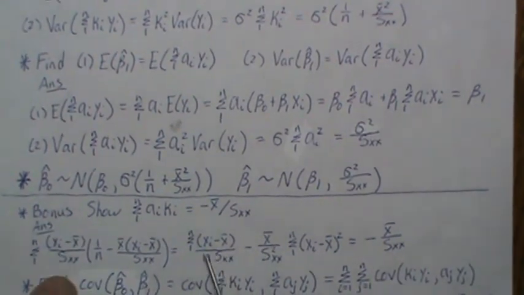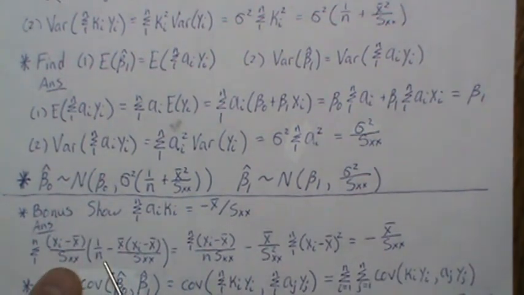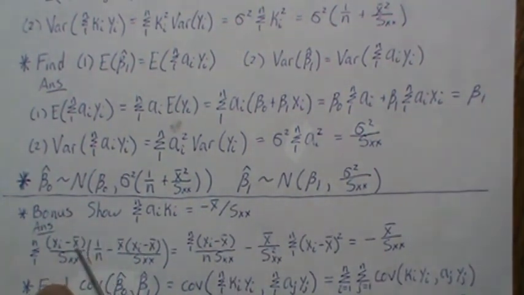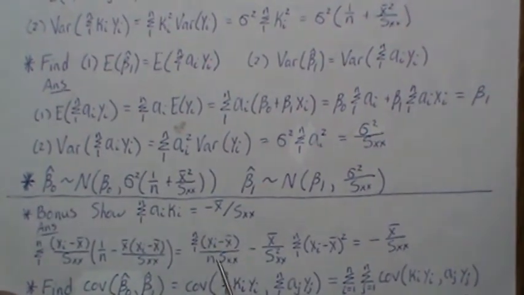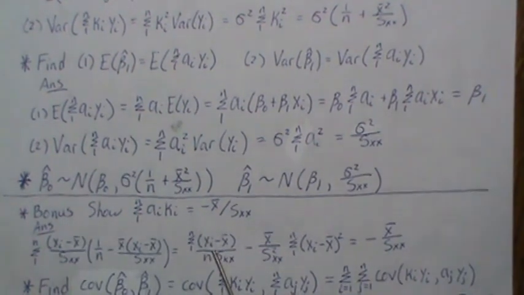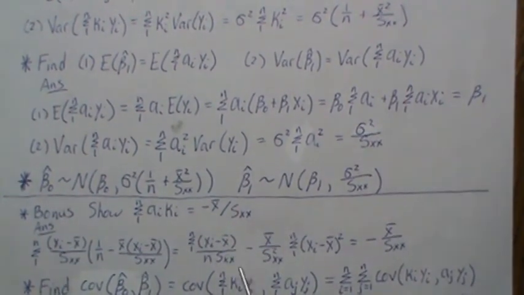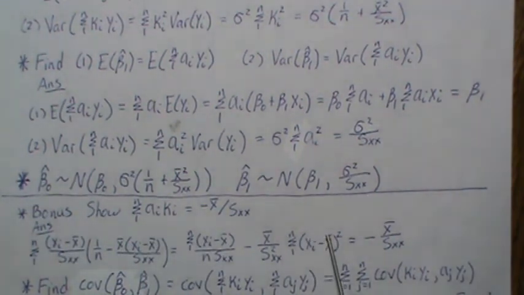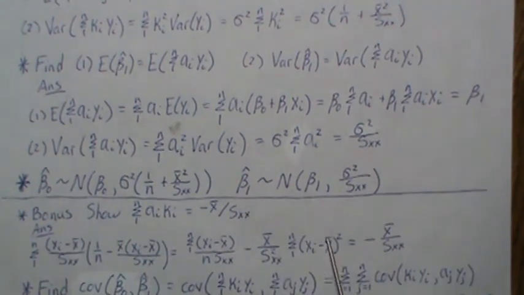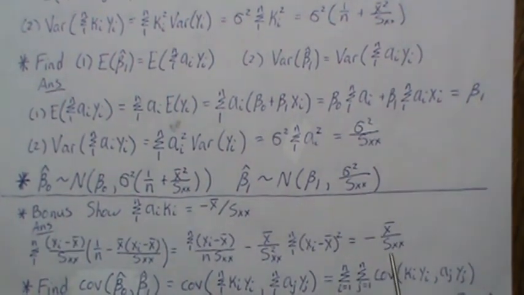So when we multiply this to this one, we get this. And then we multiply this to these two terms, and we get this. Right? So this sum is 0, so that goes away. And this is Sxx, so one of those cancels. Well, this cancels with one of those, leaving minus x bar over Sxx.